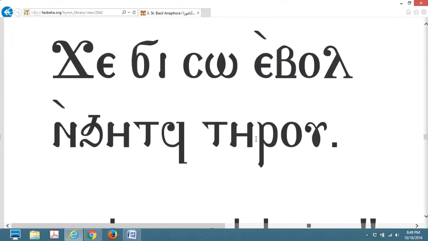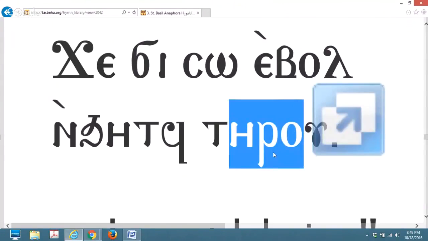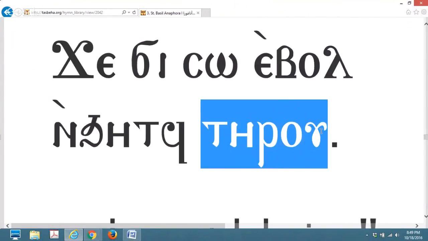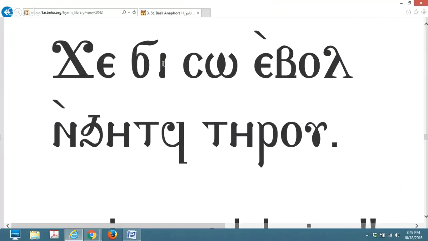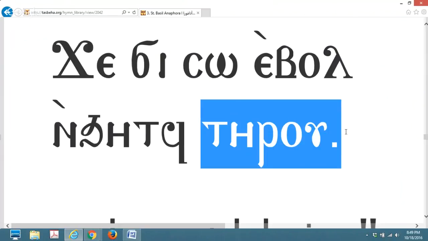So remember, tiro, we talked about it before, even though tiro is going to be the second person and third person plural. But in this case, because we know of the context of the situation, we know it's talking about the second person. So take, drink from it, all of you. Not take, drink from it, all of them.